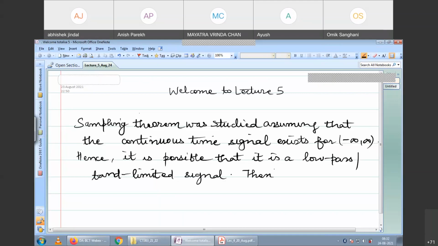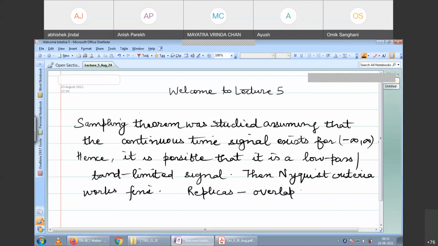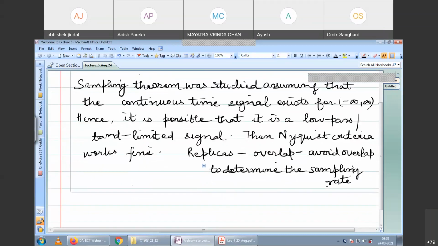Then Nyquist criteria works fine. What we did was, replicas overlap, avoid overlap to determine the sampling rate, the optimum sampling rate. So this was pretty much the logic or the development.